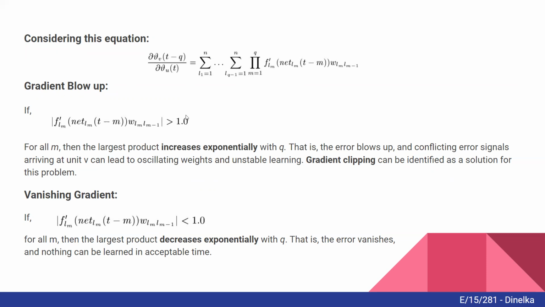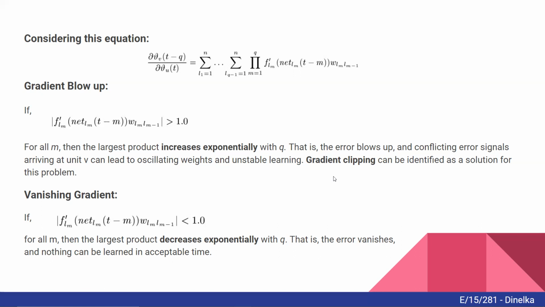As for the exponentially growing gradient, if this term is greater than 1 for all m, then the largest product increases exponentially with q. That is, the error blows up, and conflicting error signals arriving at a unit v can lead to oscillating weights and unstable learning.